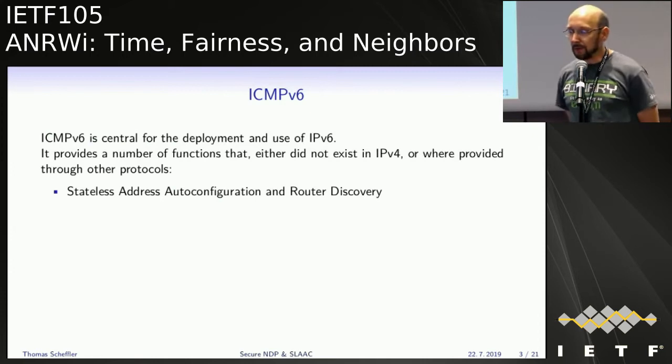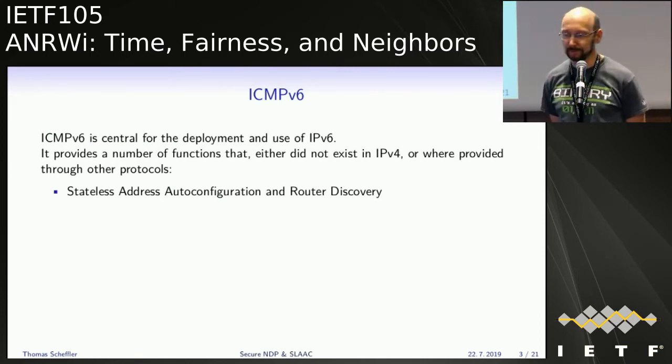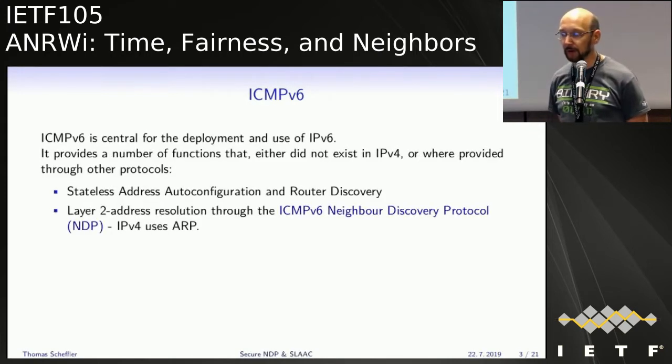IPv6 is still kind of the new protocol, 20 years old now, and ICMP is one of the big changes in the protocol compared to IPv4, which is now different from what we had before. We can do stateless auto configuration and router discovery.